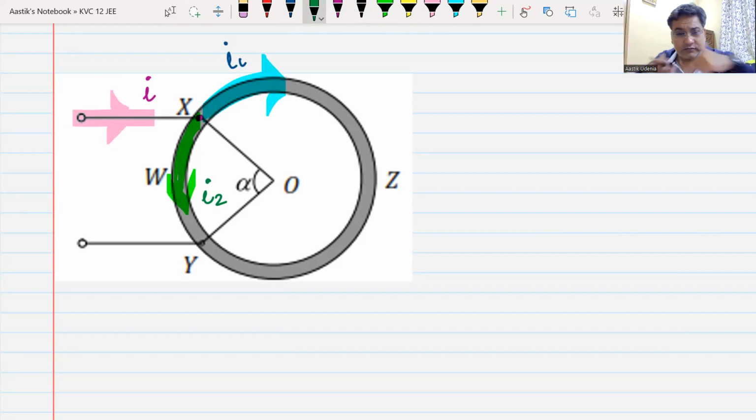So again, I1 and I2 will match, and you will have the current I going back. You have to find out the value of I1 and I2. What will be the value of I1 and I2? Do we get the question? The resistance of the total wire is R and the angle is alpha.